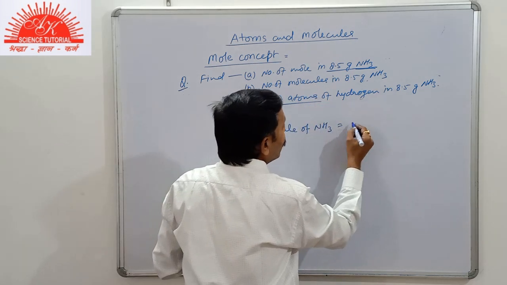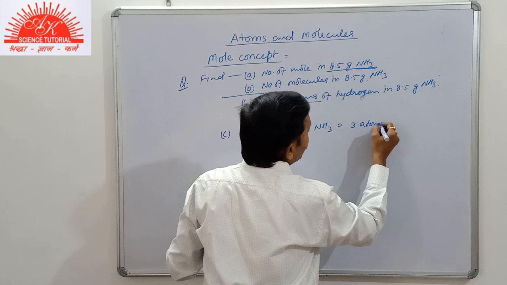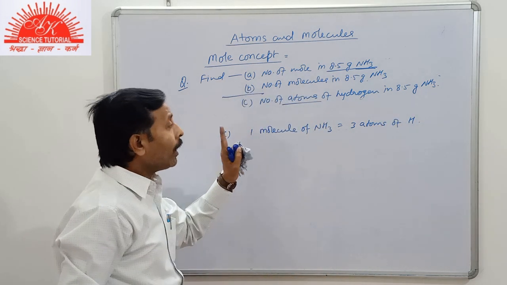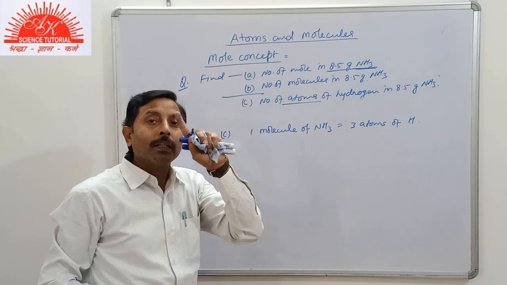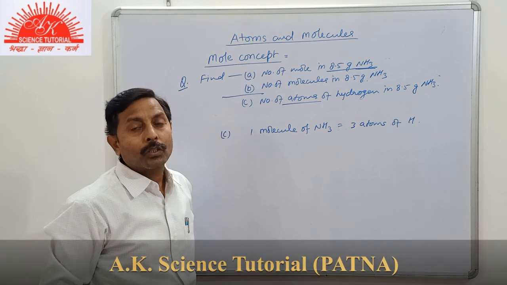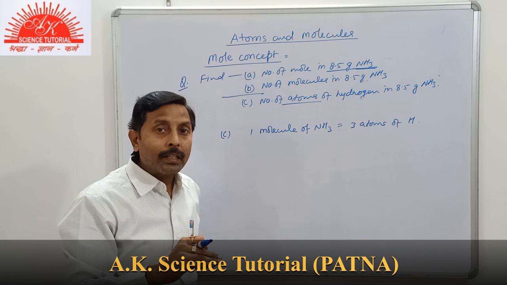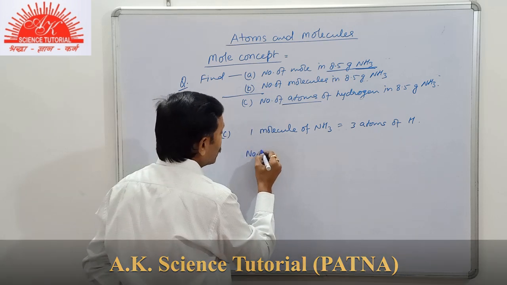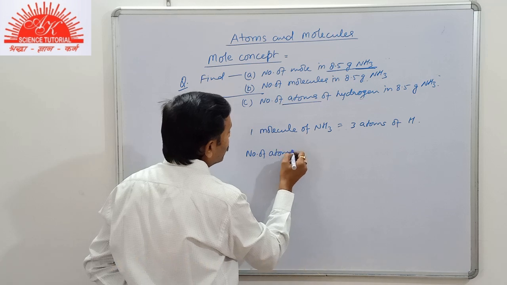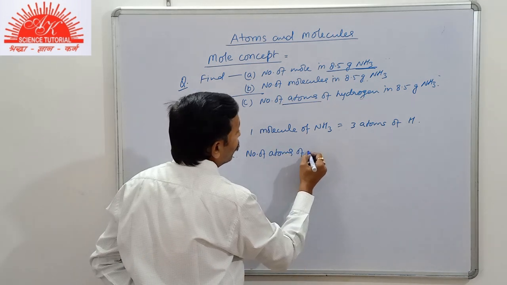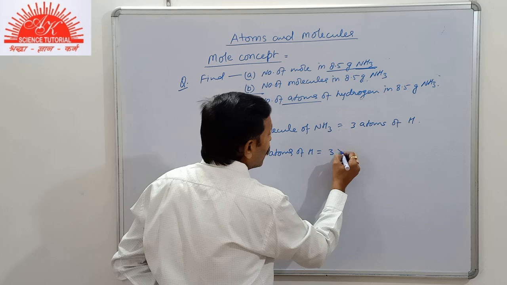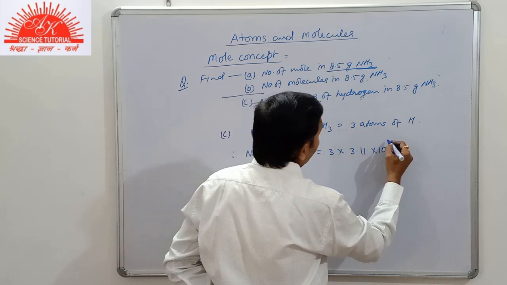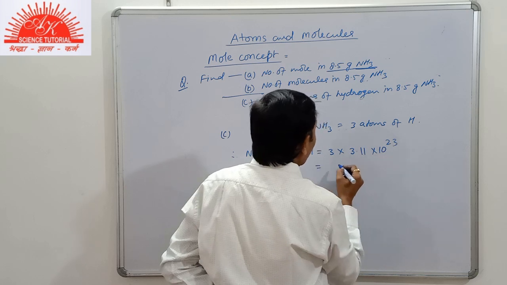So we can write for hydrogen, 3 atoms of hydrogen. 1 molecule of ammonia contains only 3 atoms of hydrogen. We have calculated earlier the total number of molecules. So what will be the number of atoms? Number of atoms of hydrogen is equal to 3 into 3.011 into 10 to the power 23.